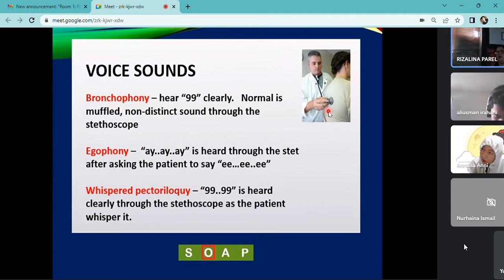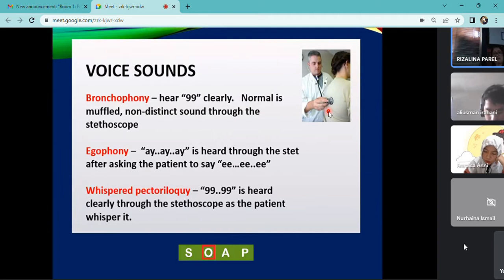So if you hear 99 clearly in the stethoscope when the patient says 99 or stress, very audible and louder, your patient possibly has consolidation. So bronchophony is possible in a patient with lung consolidation.